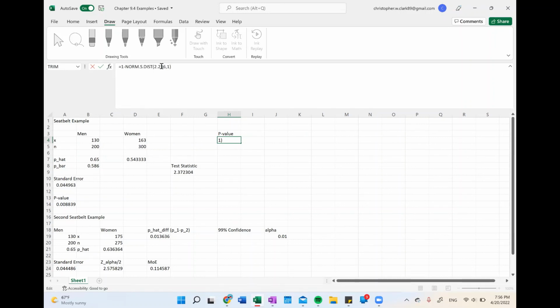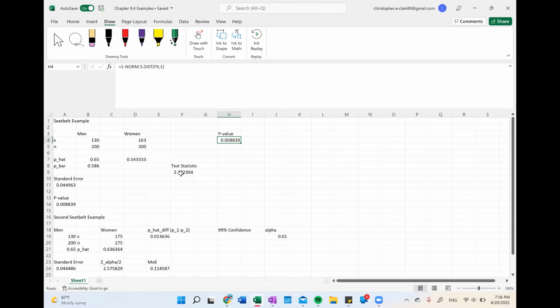We're now going to go over here and calculate the p-value, which I did as 1 minus NORM.S.DIST, and we have the test statistic. So actually I can just erase this and click on that. There you go. I just put in a rounded one, but we're going to use the exact one. So 1 minus NORM.S.DIST, and then we're going to put in our test statistic, and then 1.